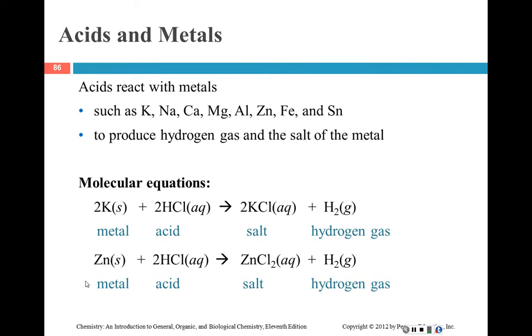So if I add hydrochloric acid to potassium, and that's metallic potassium, I'm going to get potassium chloride, which is a salt, and hydrogen gas. Forever and ever, amen. That's what's going to happen when I react an acid with a metal. I'm going to produce a salt, and I'm going to produce hydrogen gas.